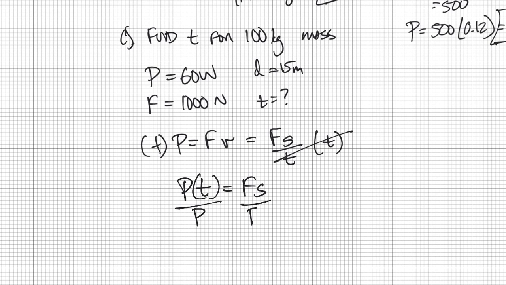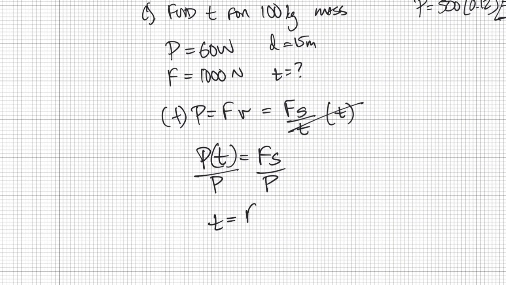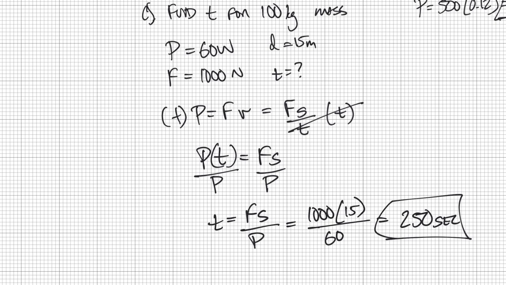Divide each side by power, and we get that the time it's going to take equals the force times the displacement divided by my power, which would be 1,000 newtons times 15 meters, divided by a power of 60 watts. And that's going to give me a time of 250 seconds that it would take to lift.